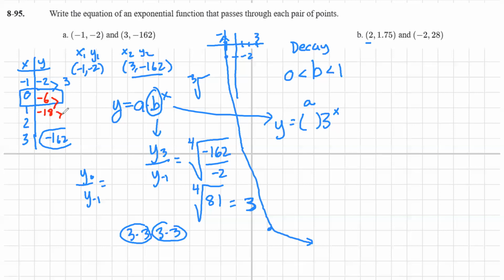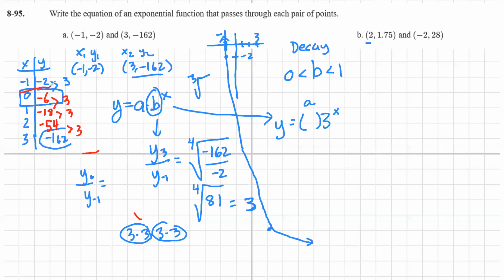What's negative 18 times 3? 18 times 3 is 54. So negative 54. And then check, multiply 54 times 3. Negative 54 times 3 is negative 162. So this tells me, yeah, the multiplier is 3. And we got the correct multiplier because I got to negative 162.